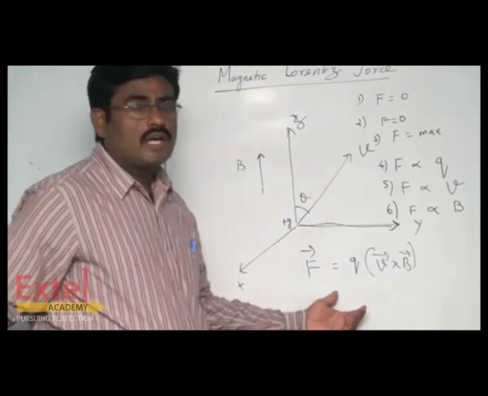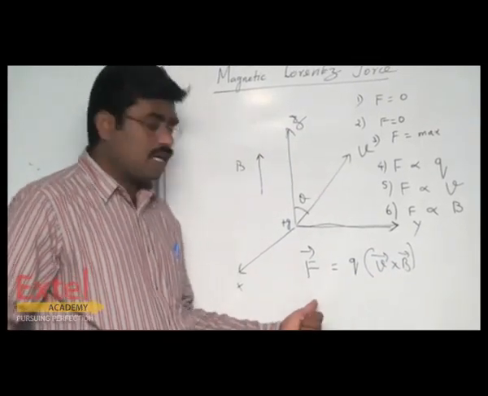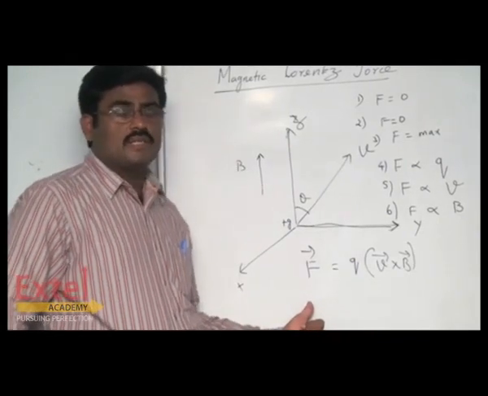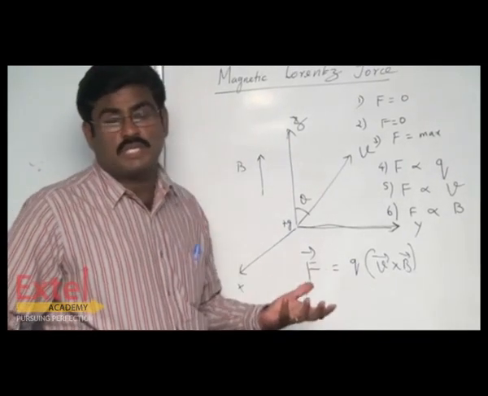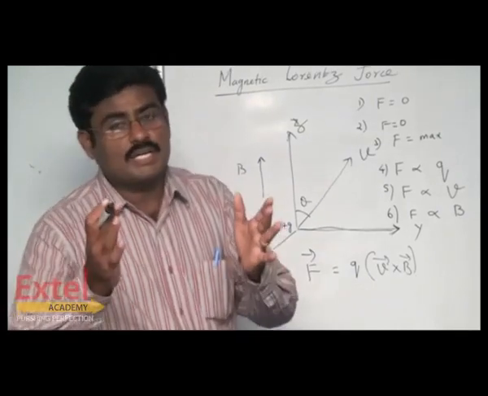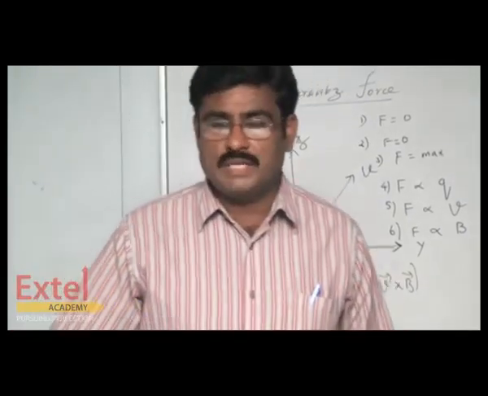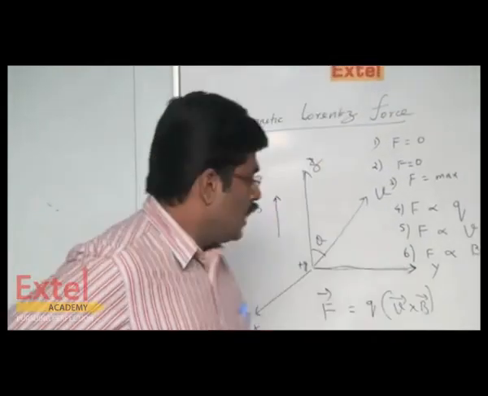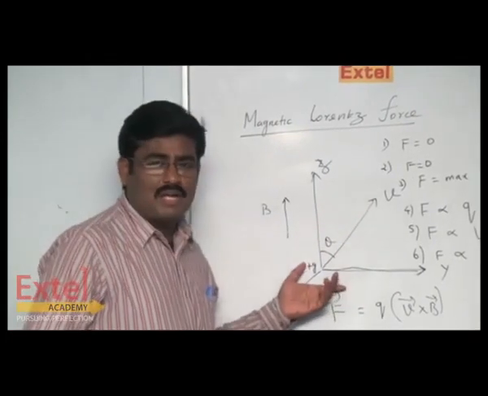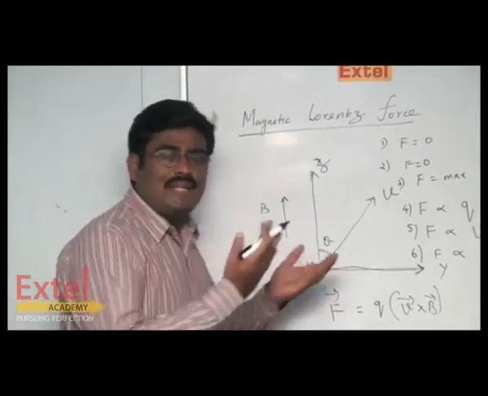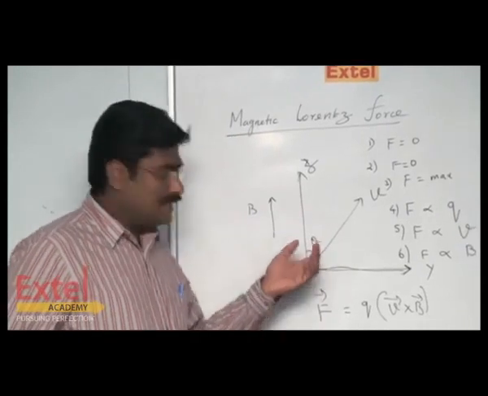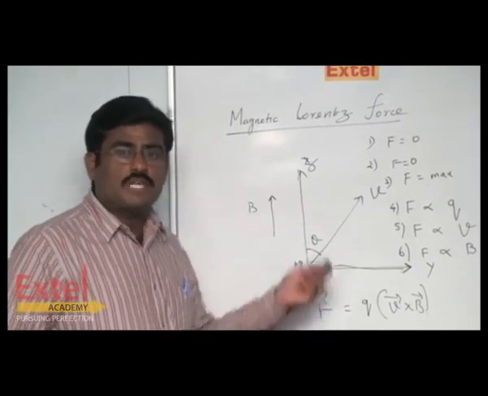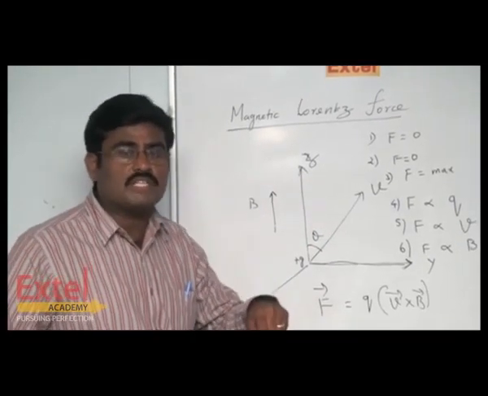This is the expression indicating the magnetic Lorentz force experienced by the charged particle moving in the presence of uniform magnetic field. Apart from the magnetic field, when you apply an electric field, the charged particle will experience one more force due to the application of the electric field.